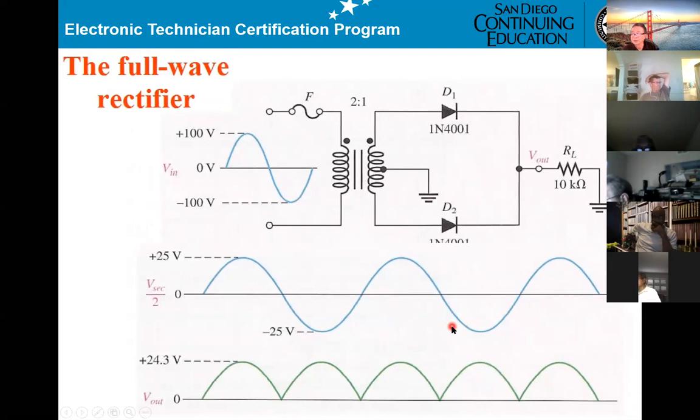And now finally, you get the input here and the output halfway. If you're looking at the time period, input from here to here, and the output will be from here to here.